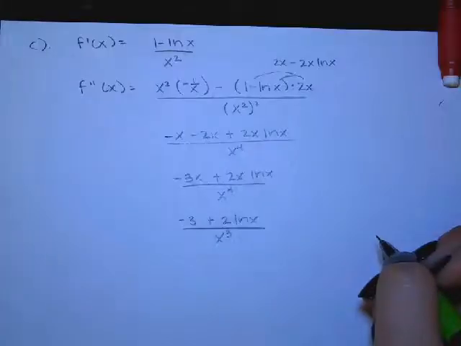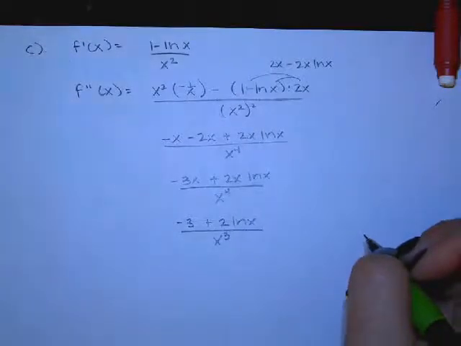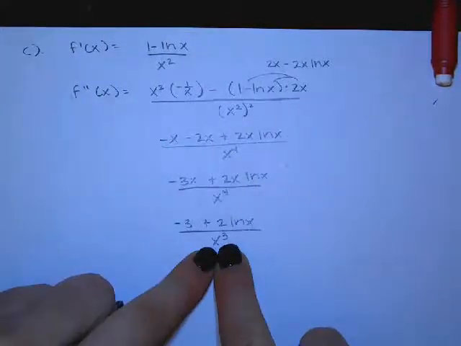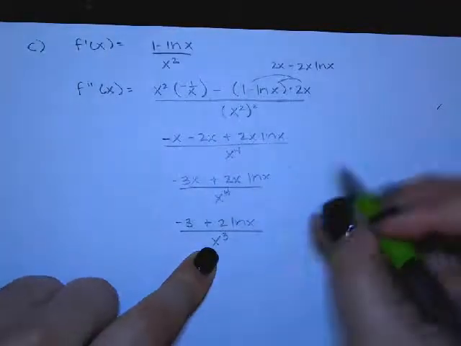I know that the point of inflection is going to come from where the second derivative equals 0 or where it is undefined. Again, it's going to be undefined where x equals 0, which we said is not included in the problem. So I'm only going to look at the top.